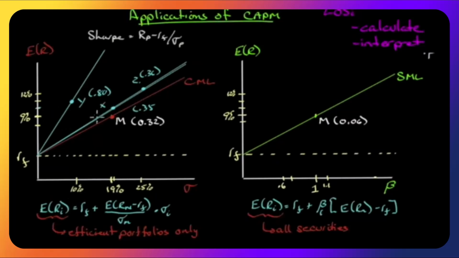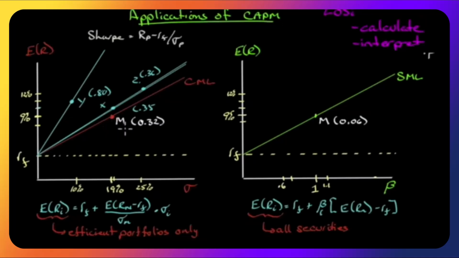Remember, the capital market line connected the risk-free rate with the market portfolio. Everything along this line was just changing our weightings between the risk-free rate and the market portfolio. If we wanted to add a particular asset, remember what we needed. We needed the correlation or the covariance matrix of that security with every other security in that portfolio. This was a lot of work to do.